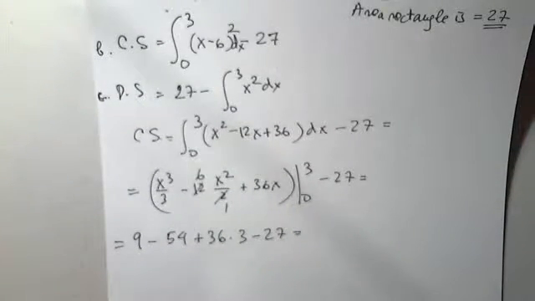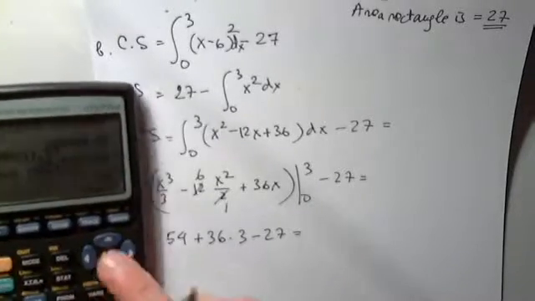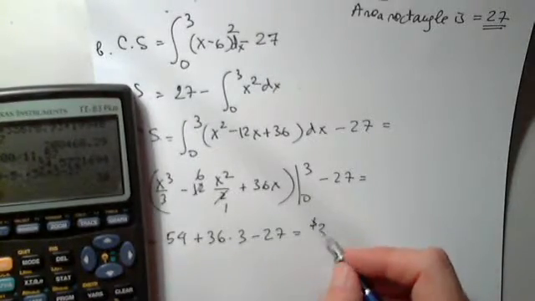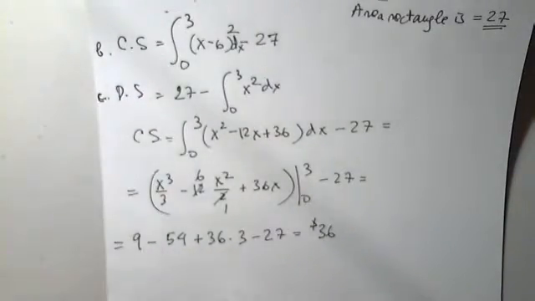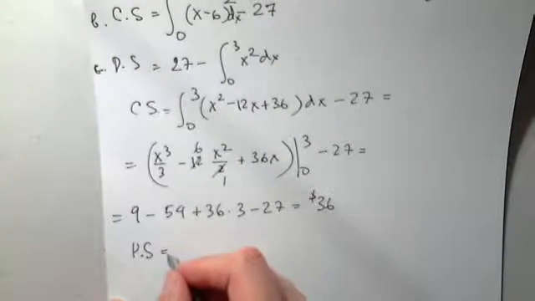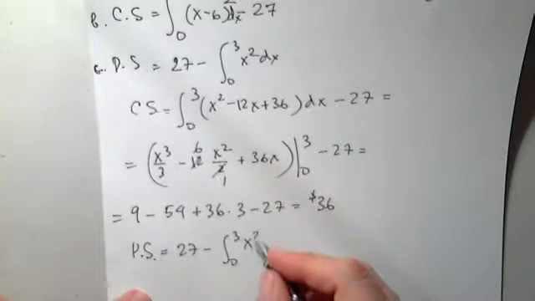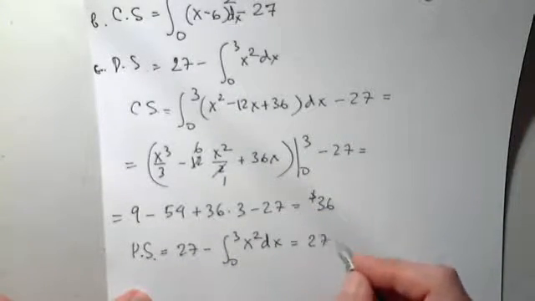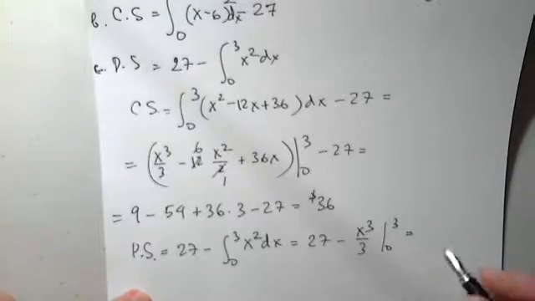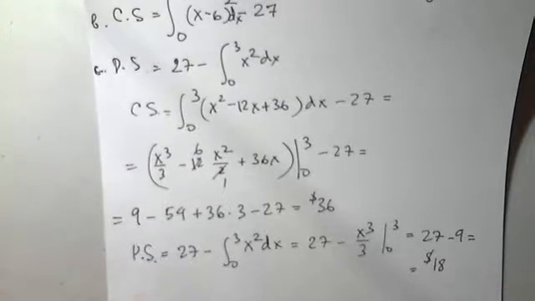And when I put all this in my calculator, I get $36. Now I have to determine the producer surplus, which will be 27 minus the integral from 0 to 3 of x squared dx. So 27 minus x cubed over 3 from 0 to 3. So this will be 27 minus 9, which is $18.